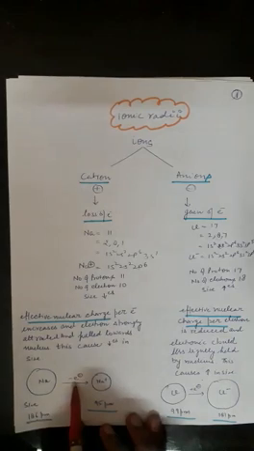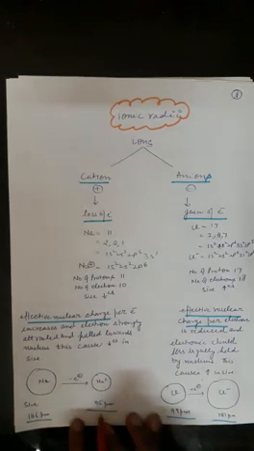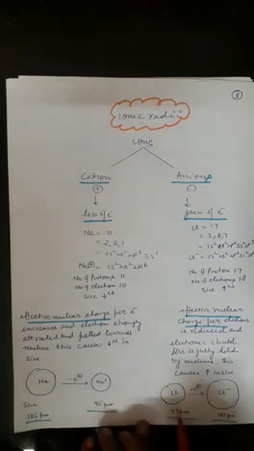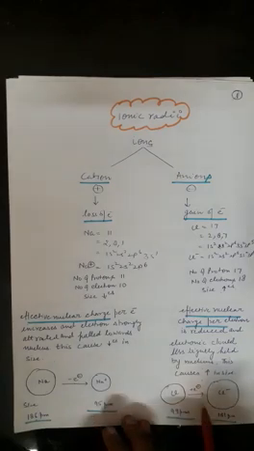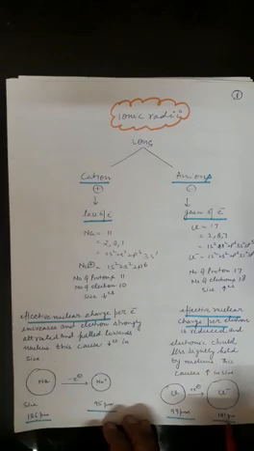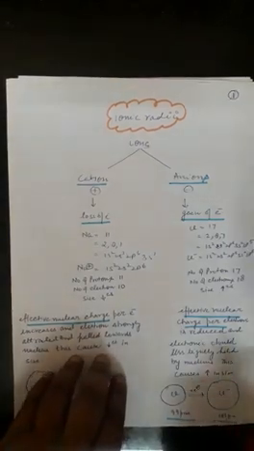When it loses one electron, its size is 95 picometer, which is a decrease in size. Whereas in the case of chlorine, its atomic size is 99 picometer, and when it gains an electron, its size increases.